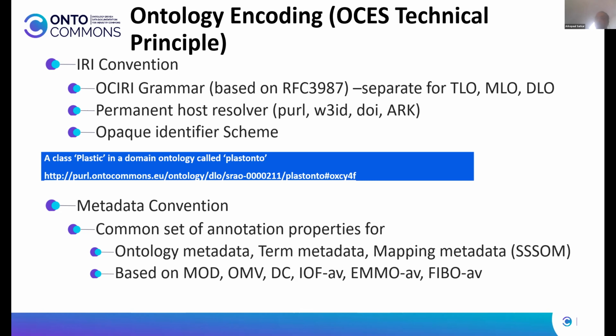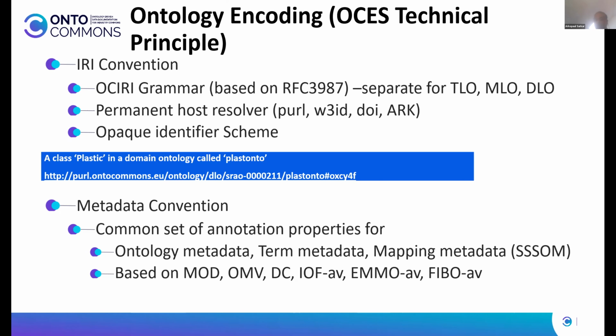So you define the metadata of the ontology at the ontology level, at the document level, but at the same time you also need to annotate the classes and the properties which you define in the ontology. Also, if you have some mapping, which doesn't come up very often, but in this example we will show some mapping, this mapping metadata needs to be there too.